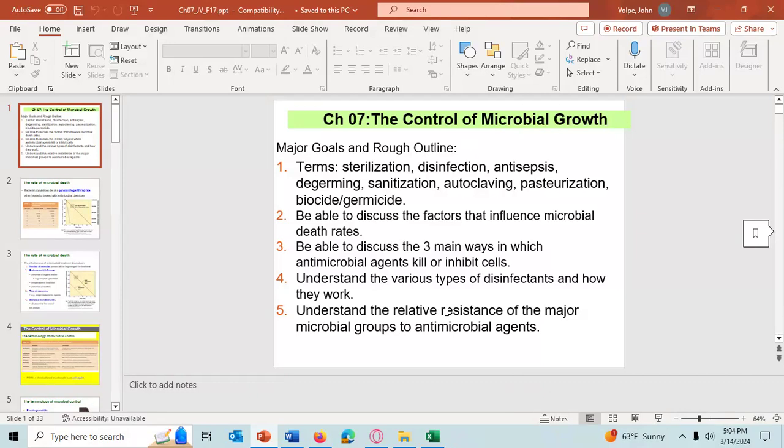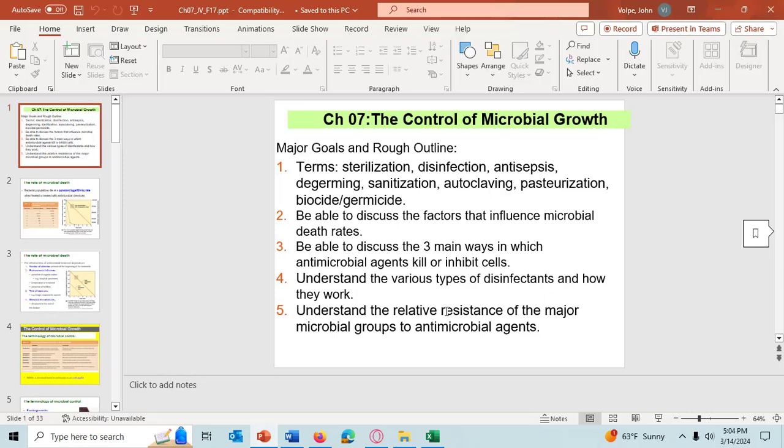Controlling microbial growth, we'll largely be talking about disinfectants and antiseptics, but we will talk about other ways to control microbial growth as well. Of course, know the terms of this lab. That's always important. Not quite as important as in chapter 14, where if you learn the term, you learn 50% of that chapter, but they are important in this chapter too.